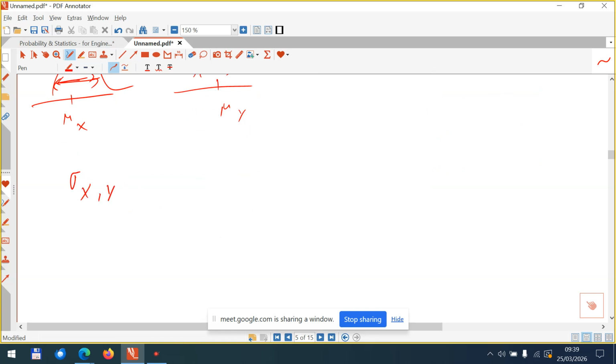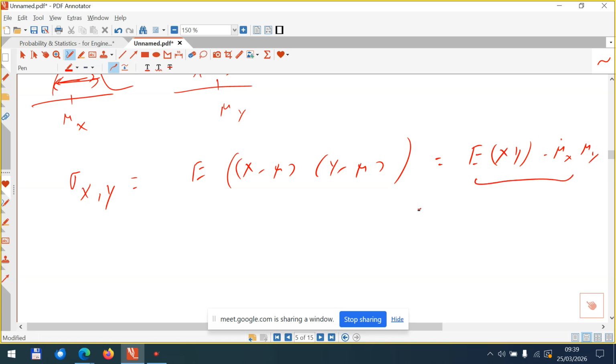So sigma xy is the expectation of x minus mu x times y minus mu y, and this will be E[xy] minus mu x mu y. Now remember the units of x and y, by the units I mean the units from which they have been converted, and the units of mu x and mu y, they will influence this.